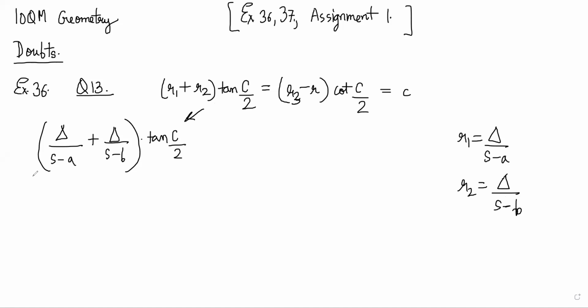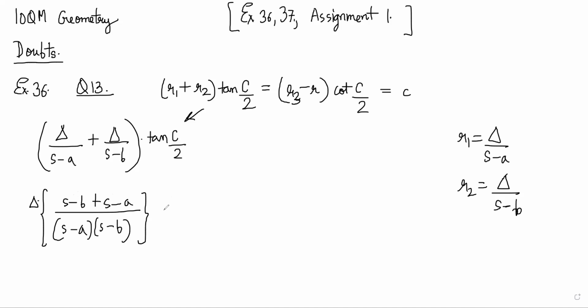So what you get here is del common, 1 by s minus a plus 1 by s minus b. When you add, you will get s minus b plus s minus a by s minus a into s minus b. And tan C by 2 we can also write as root over sine C by 2 by cos C by 2. So it is s minus a s minus b by s minus c, right?